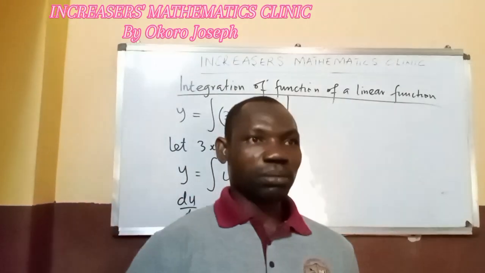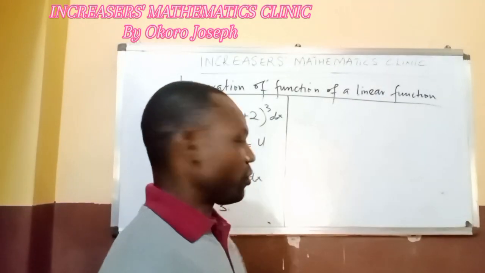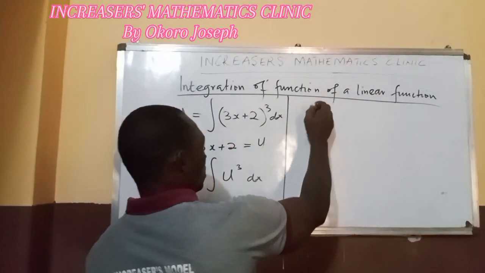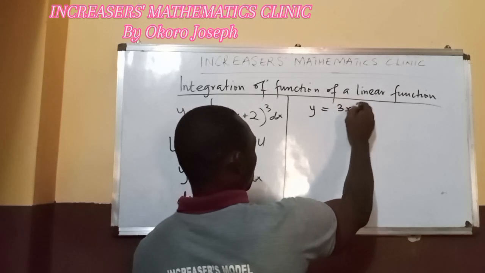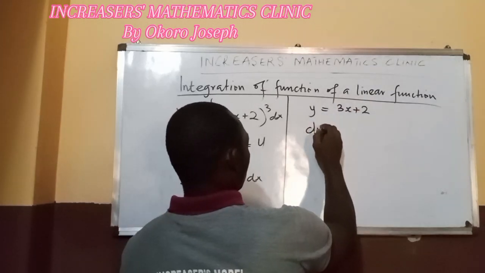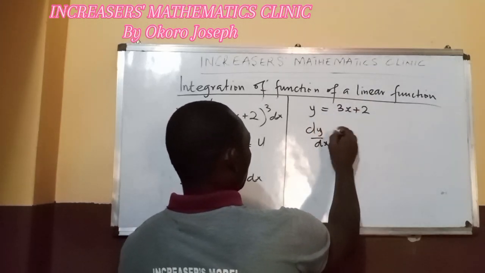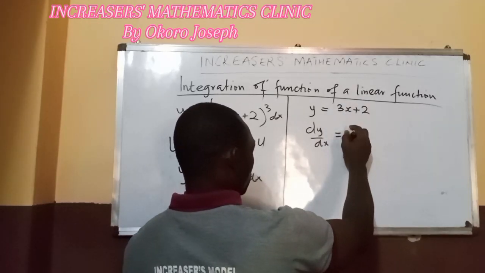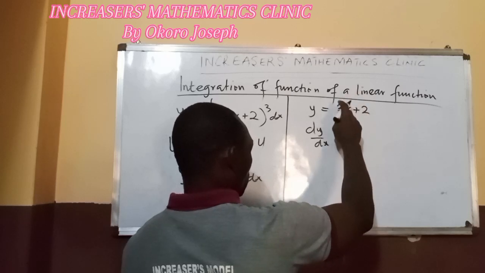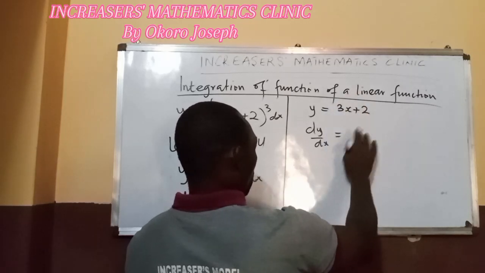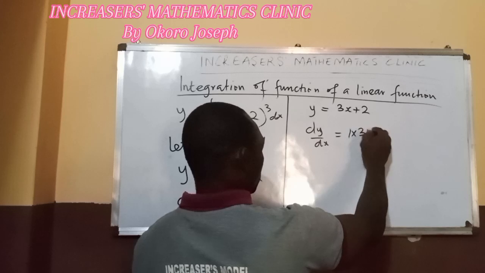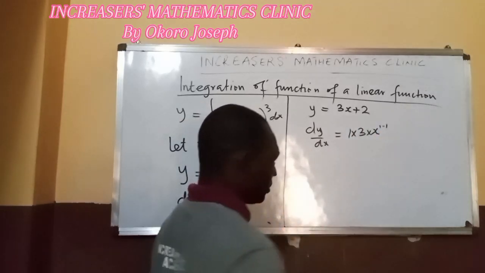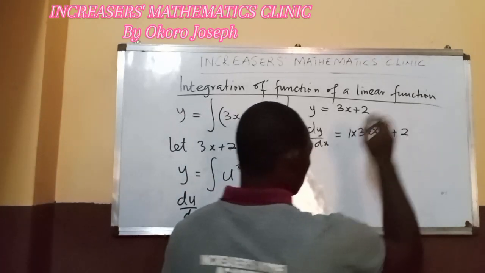How did this come? Let's take a look at the derivative of 3x plus 2. We know that if y is equal to 3x plus 2, then dy dx will be equal to, x has the power of 1, so you multiply by the power of 1: 1 times 3 times x raised to power 1 minus 1, then plus 2.